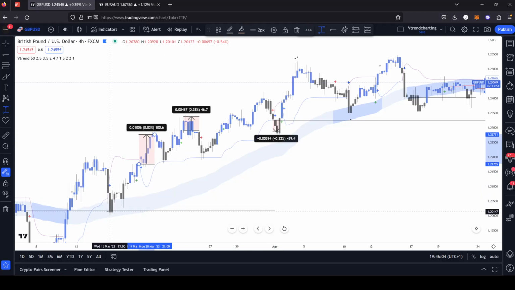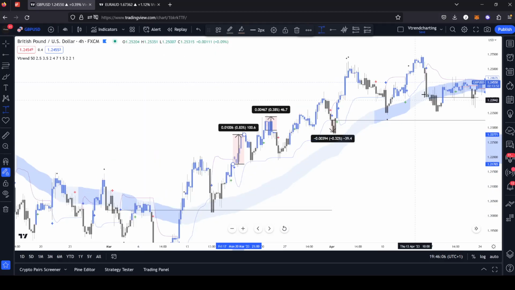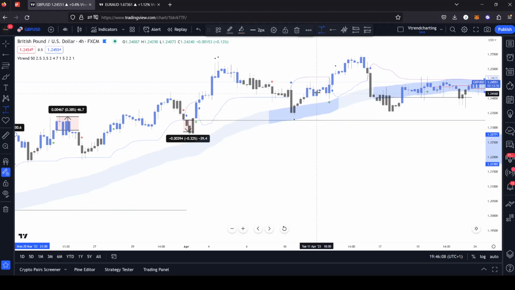That one unfortunately is no good, but you can see it hit a level. These two kind of 50 odd pips. That one's 64, that one unfortunately has hit the line, so I'd wait for it to close below.